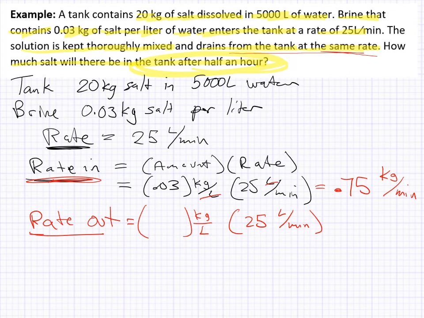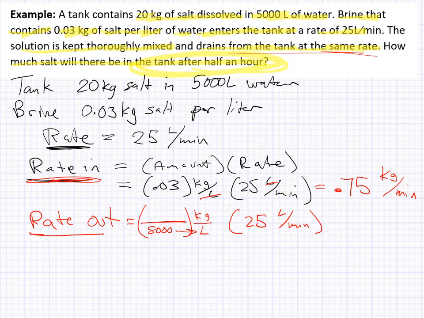Well, what we have here is a function that's going to be changing. The amount in the tank and the rate out will change depending on the amount of solution in the tank initially, and then the amount that's in there after the brine is added. We know that it's a 5,000 liter tank. But the amount of salt is going to be changing, right?